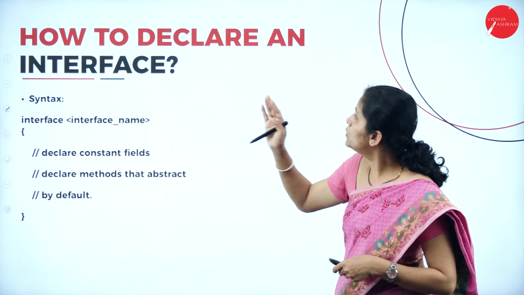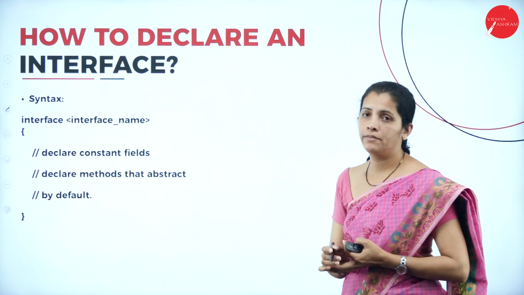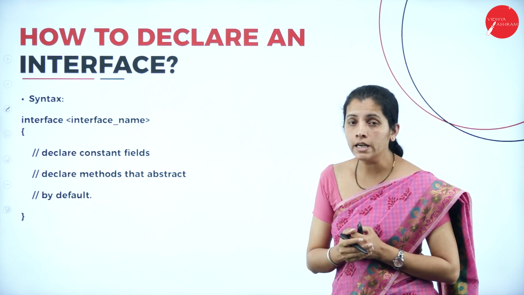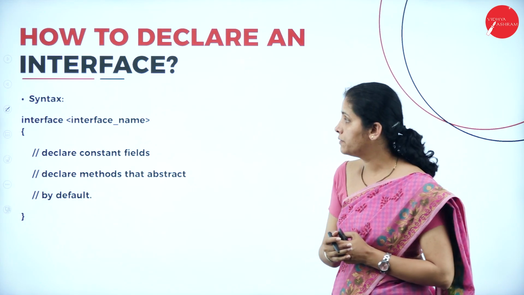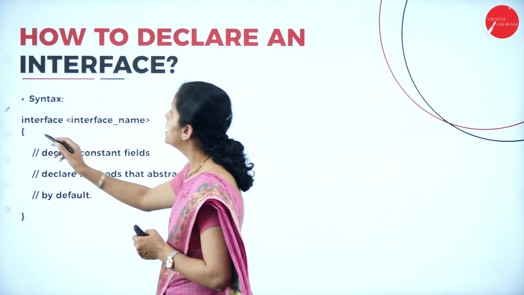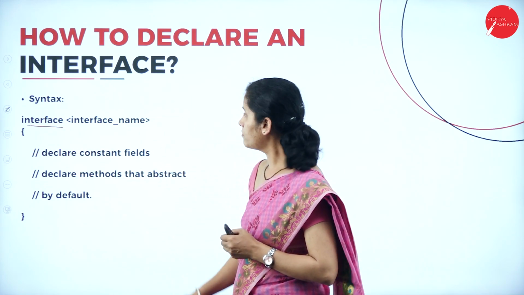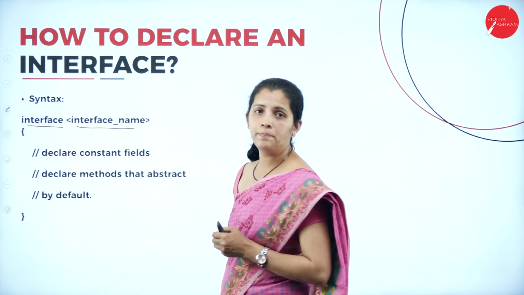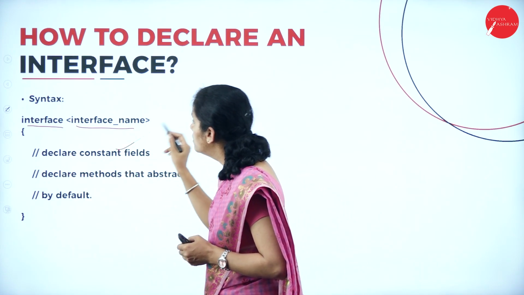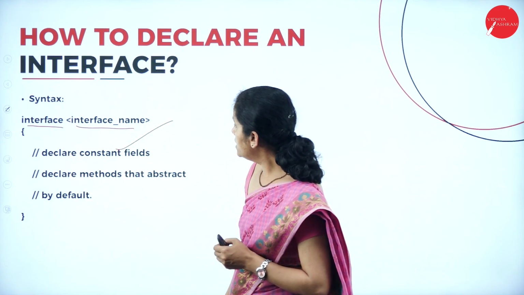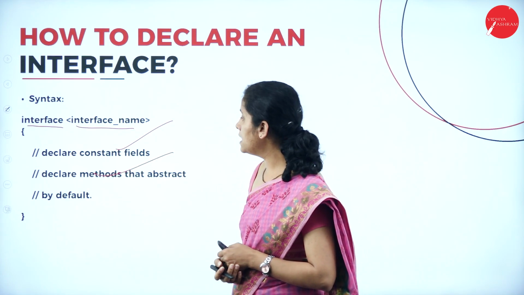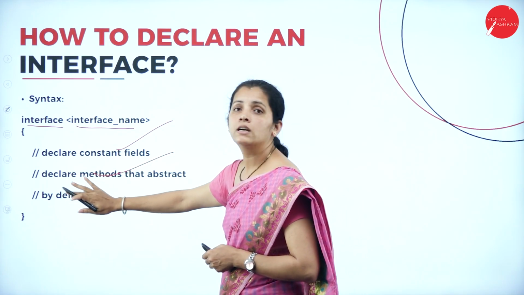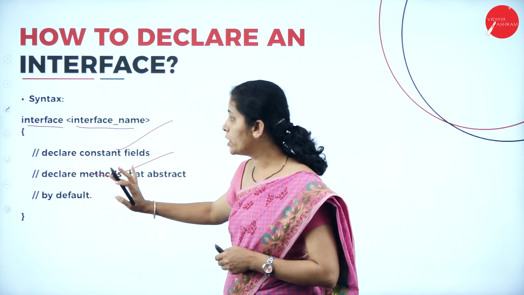Now, how to declare an interface? What is the syntax I need to follow while declaring an interface? Here, interface, then the name, then declare the fields and declare the methods, which do not contain any body.